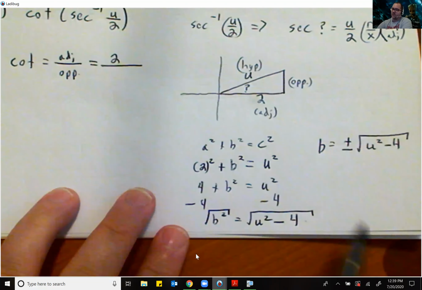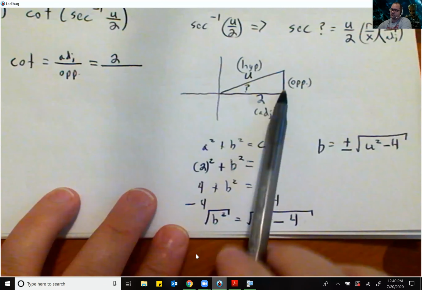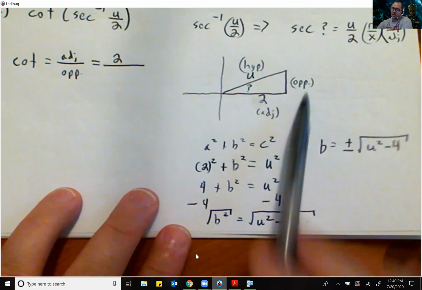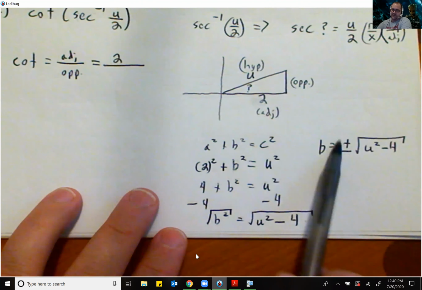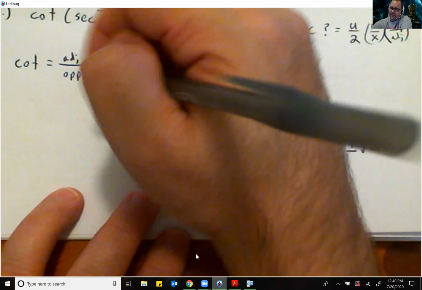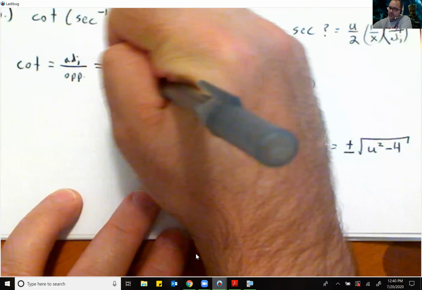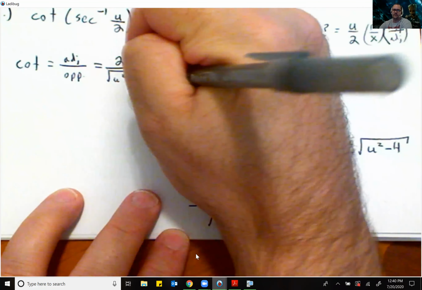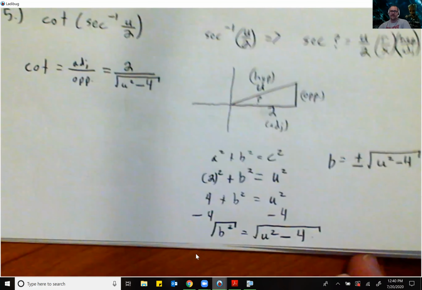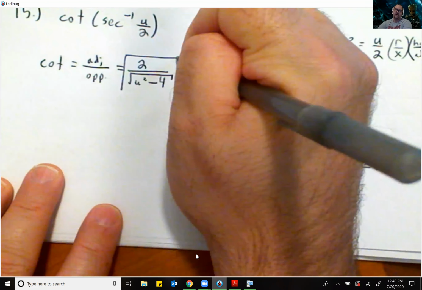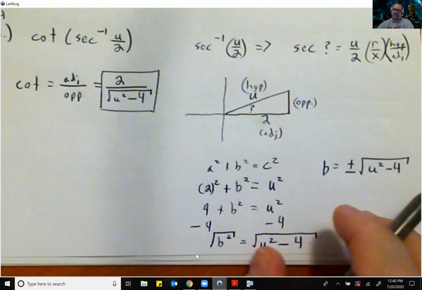But because U is always going to be positive, I believe you're only going to be looking at the positive version of this anyway. Now that you have B, we can plug in the opposite: the square root of U squared minus 4. So all we need to do now is find an answer that looks just like that. We go no further. They don't even want you to rationalize, I don't believe.